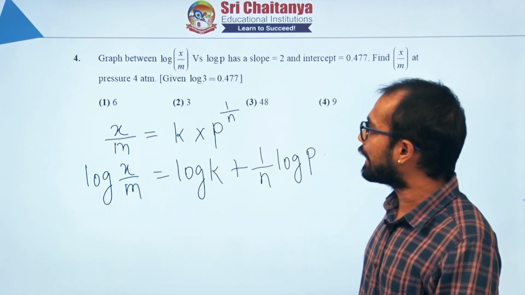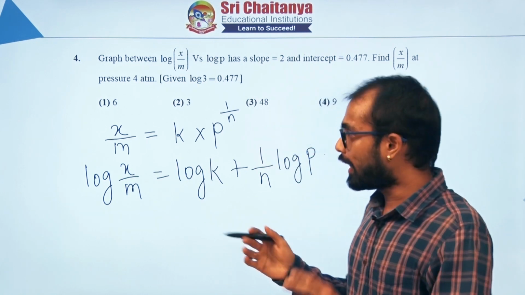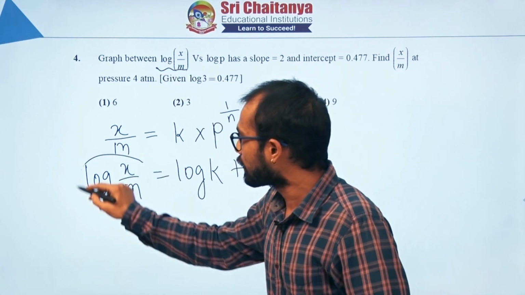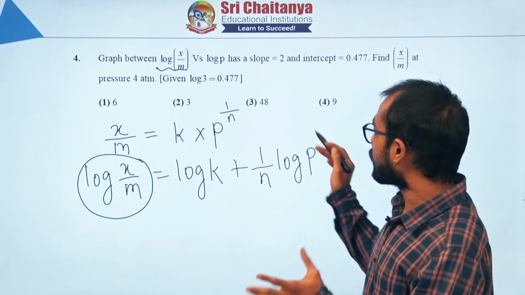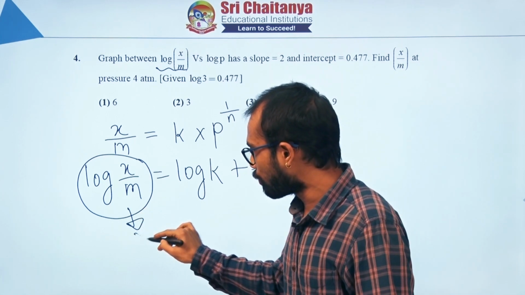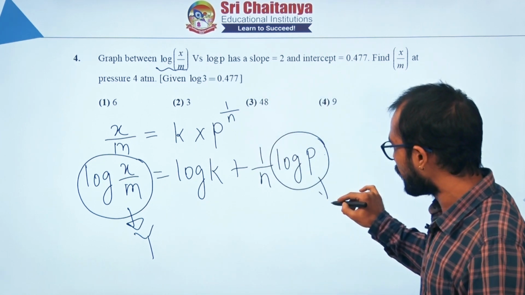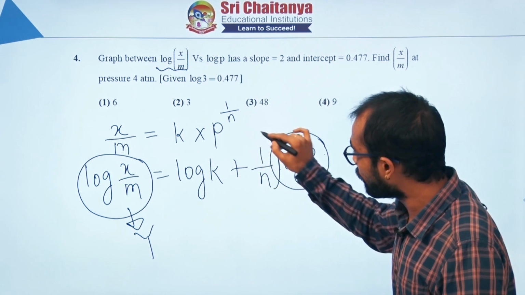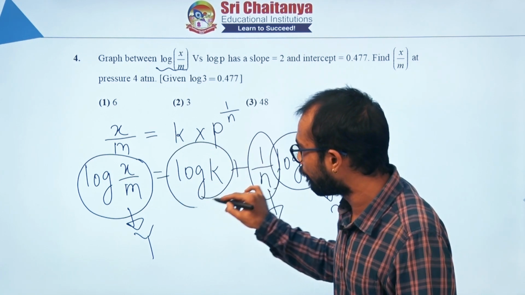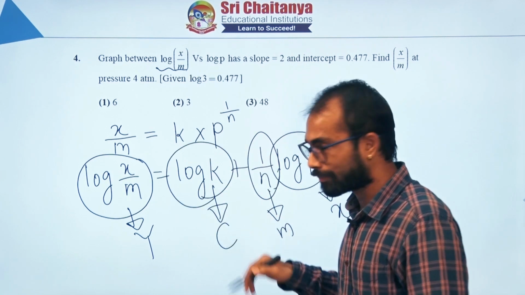As you can clearly see, we have been given a relationship here, log x upon m, which is this one, versus log p, which is this one. If you take this to be y, and this to be x, then this one will become m, the slope, while this one will become c, the y intercept.